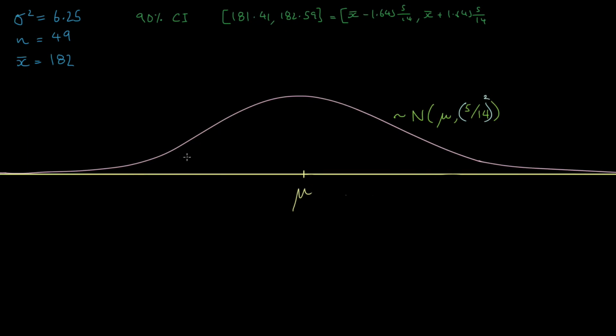All right. And so we can go 1.645 standard deviations to the left, which gets mu minus 1.645 times 5 on 14. And then we can go 1.645 standard deviations to the right, and that's going to give us mu plus 1.645 times 5 on 14. And we know that in a standard normal distribution, the values between minus 1.645 and positive 1.645 constituted 90% of the possible values in that standard normal.